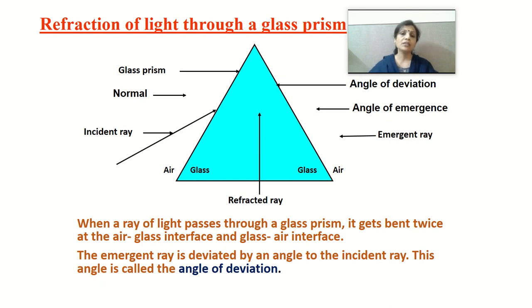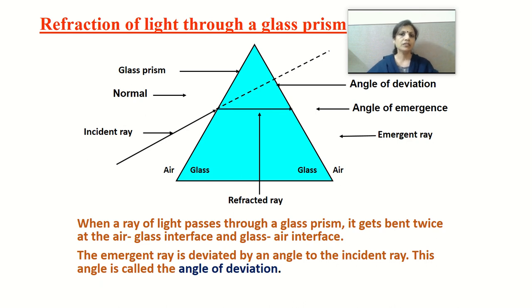Now suppose if the prism wouldn't have been kept here, the ray of light would have travelled in a straight line in this manner. But because we have kept the prism, the light will change its direction, because now the light will travel from the air medium to the glass medium. And we know that when light travels from one medium to another medium, it changes its direction. So in the glass, the ray of light will travel in this manner.